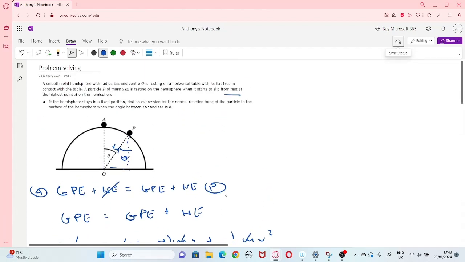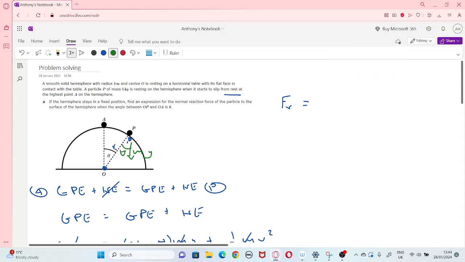So next we can use forces. At point P, we'll have a resultant force, right? And the resultant force will be equal to the component of weight going in the direction of the resultant force, right? So you've got weight going downwards, mg.